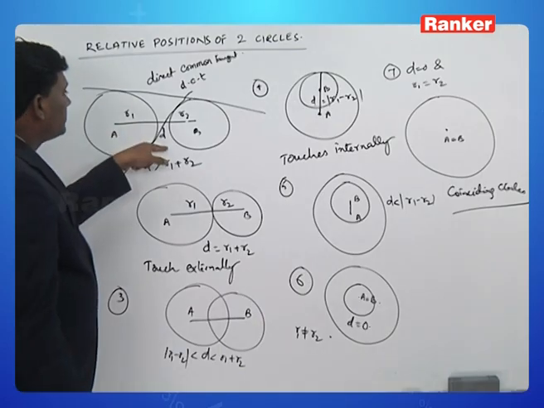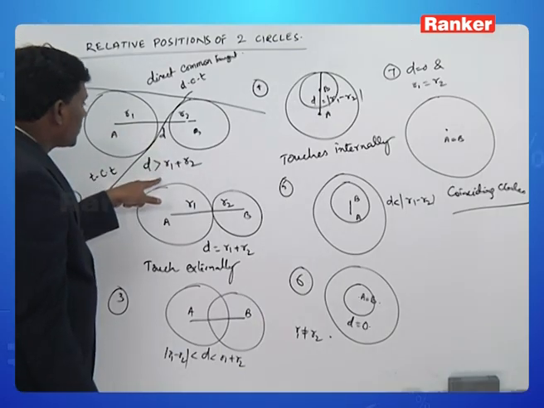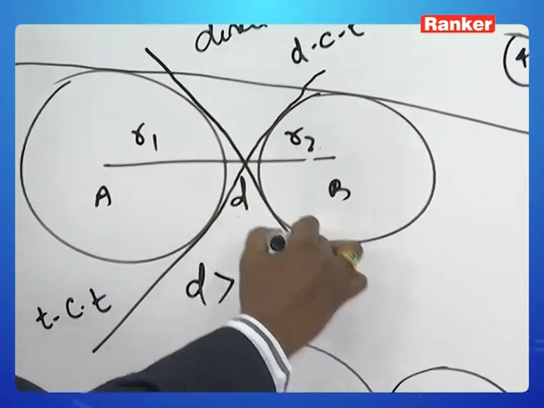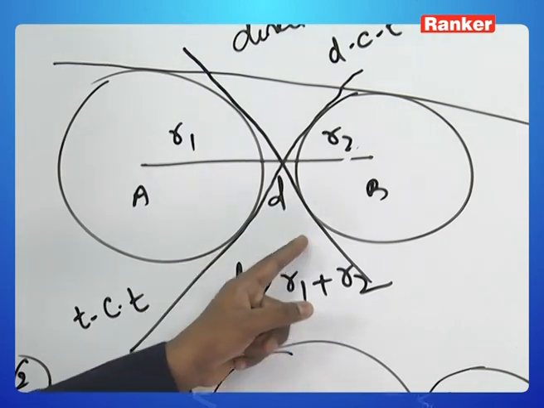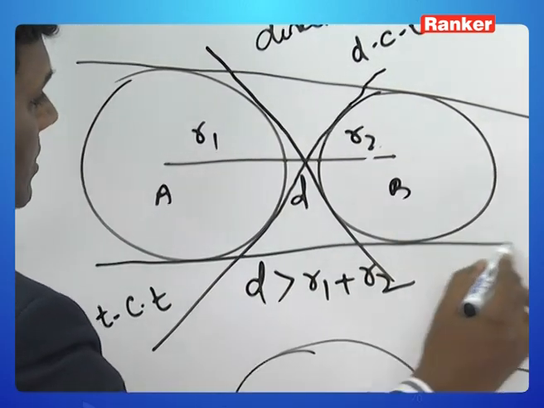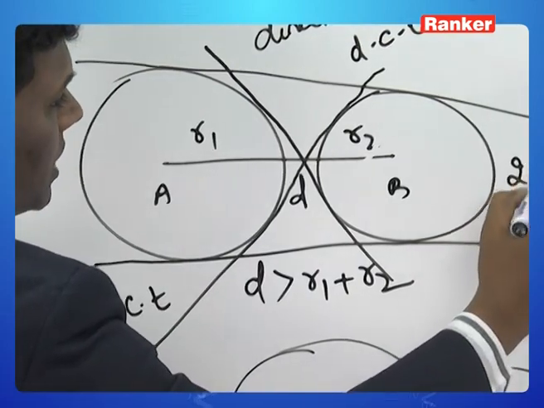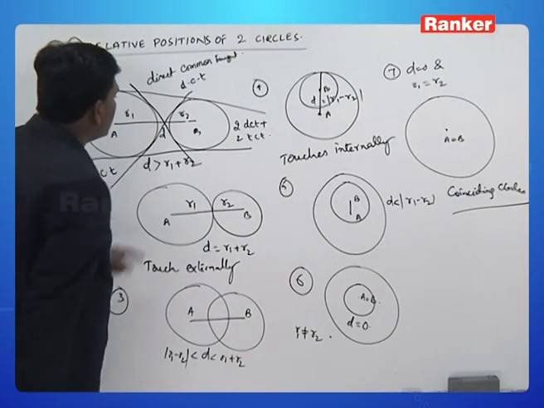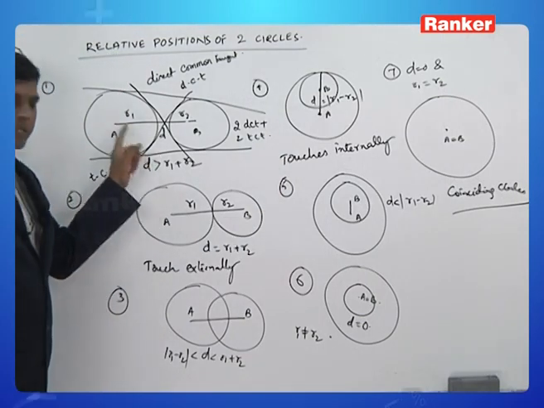In this diagram, when D is greater than R1 plus R2, we can draw two transverse common tangents and two direct common tangents. So 2 DCT plus 2 TCT can be drawn in this case, case 1.